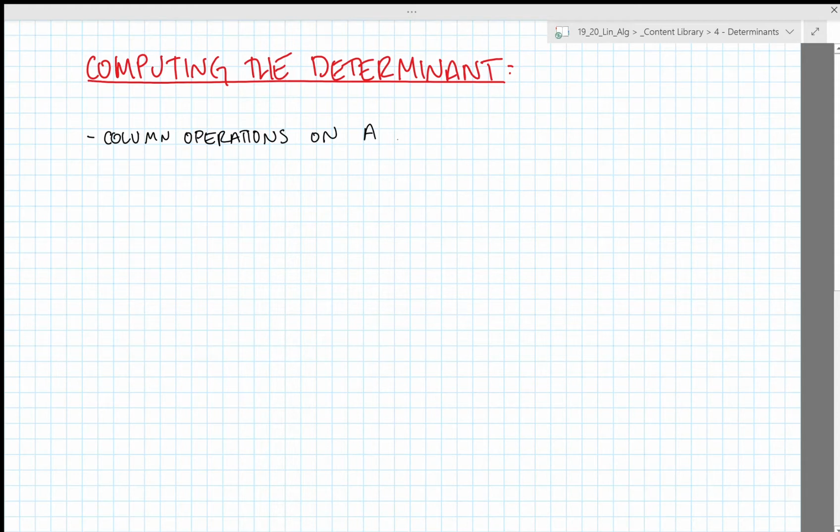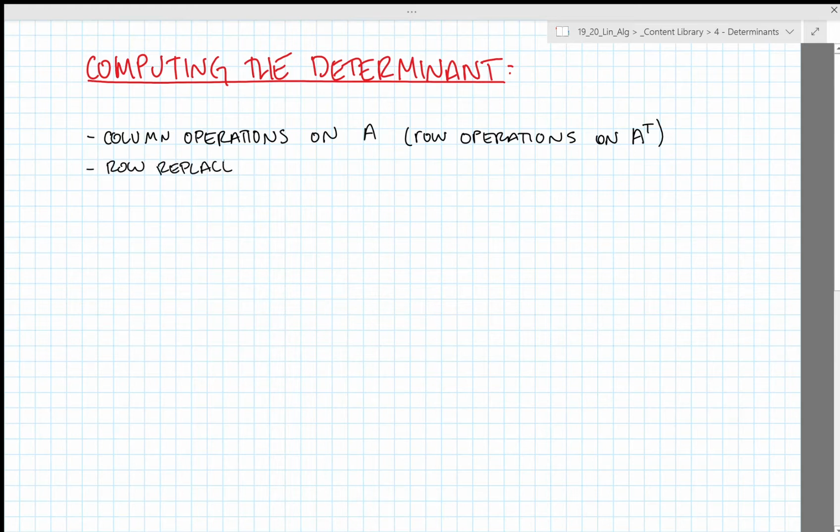Column operations on A are really row operations on A transpose, because the transpose switches rows and columns. So if you switch the columns into rows and then do row operations, that's like doing column operations on your original matrix.